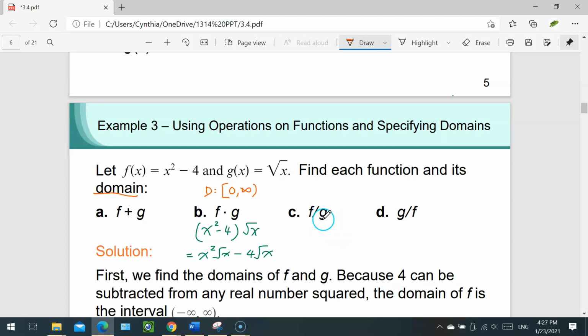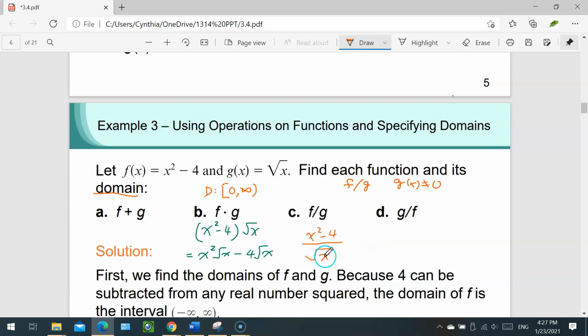F divided by g, so we will have x squared minus 4 divided by root x. Now, according to the definition, when you divide two functions, you have to make sure your g of x cannot equal 0.